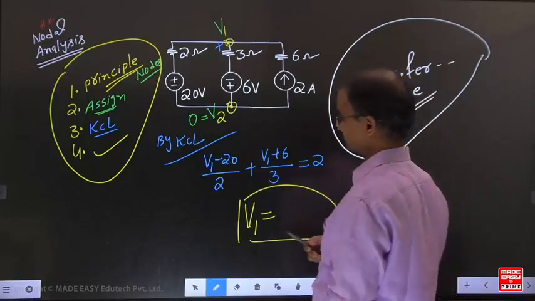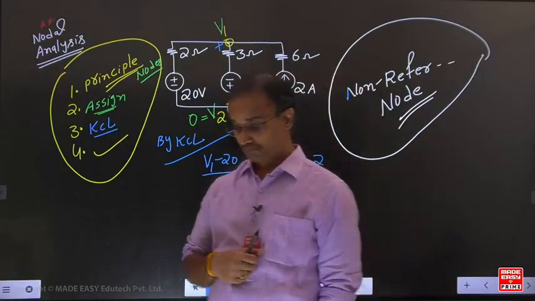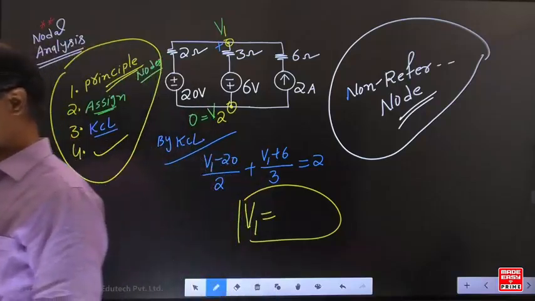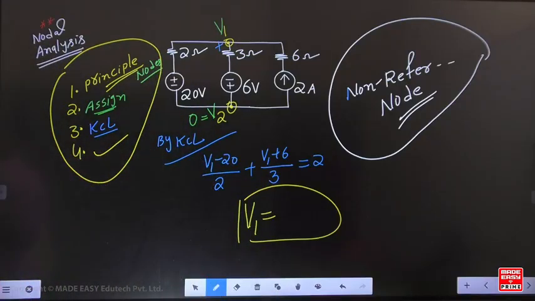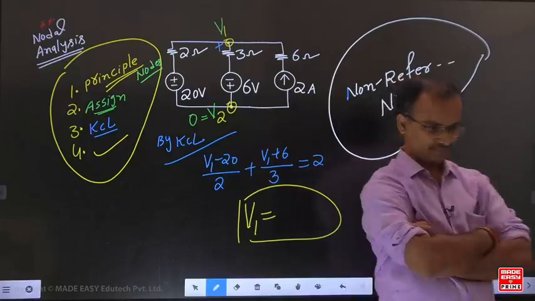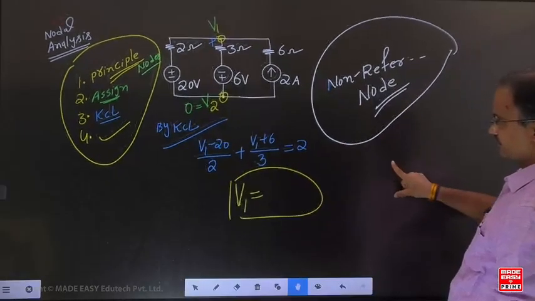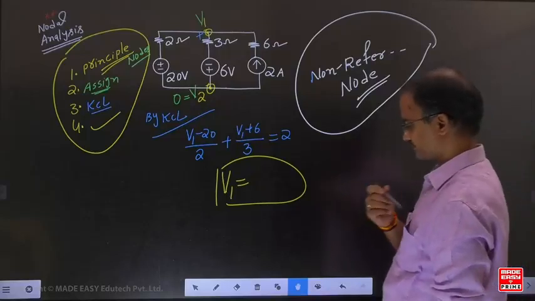Next point: by solving the KCL equations, find the node voltages.